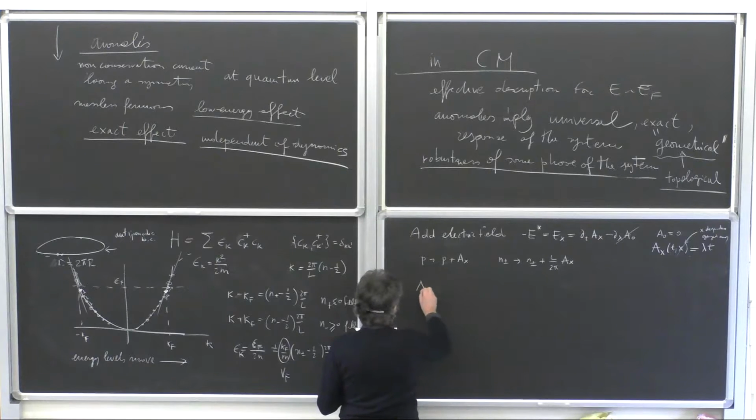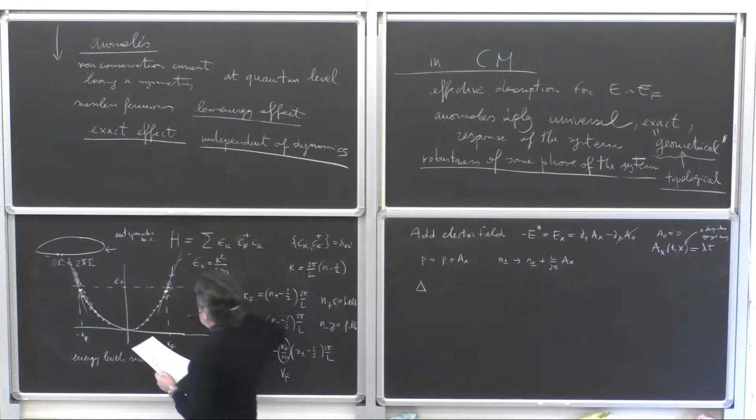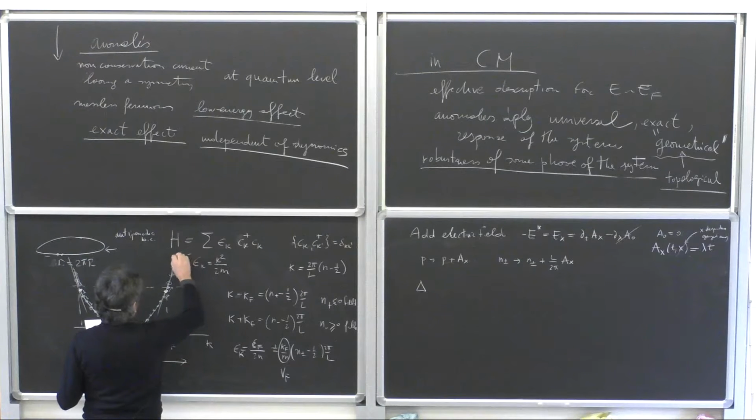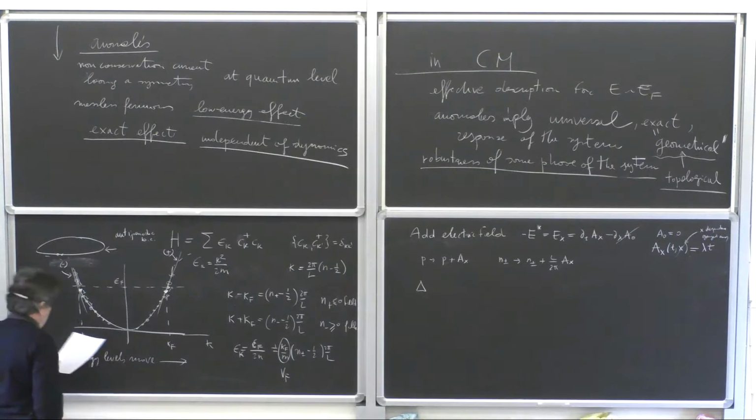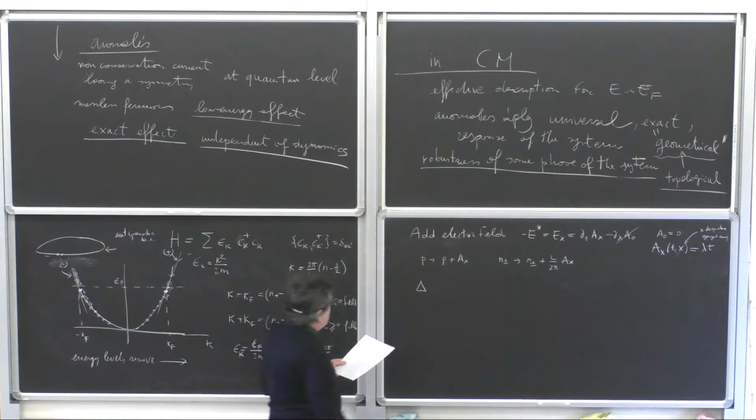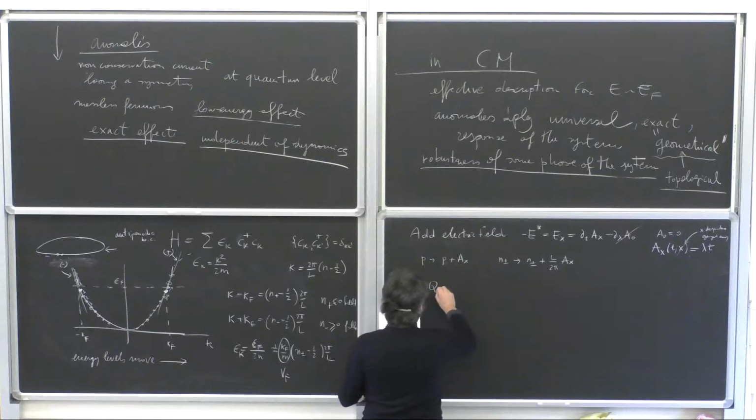Then there will be a charge. Let me call this part the plus branch, the plus part of the spectrum, and here is the minus part of the spectrum. So we will have that delta Q plus is proportional to delta N plus, and delta N is this.